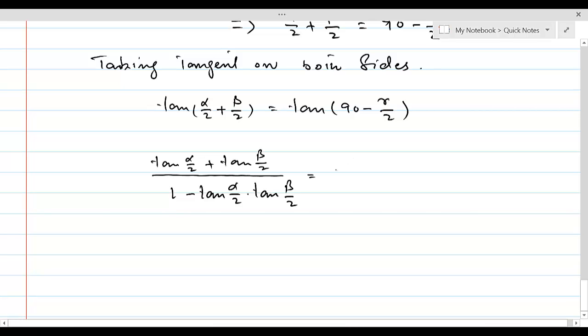That's why this will be written as cotangent of gamma by 2.